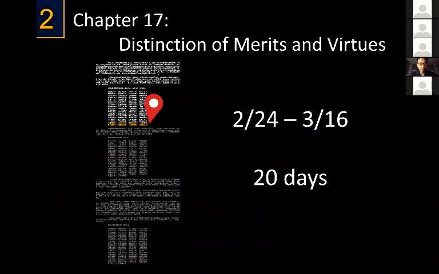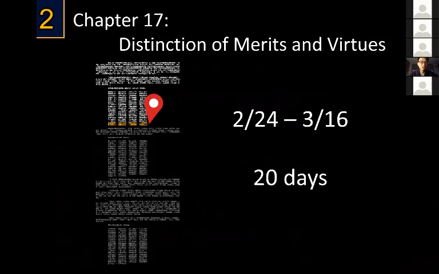We are at chapter 17, distinction of merits and virtues. There are a few different translations of the title of this chapter, but personally, I put it this way: distinction of merits and virtues.